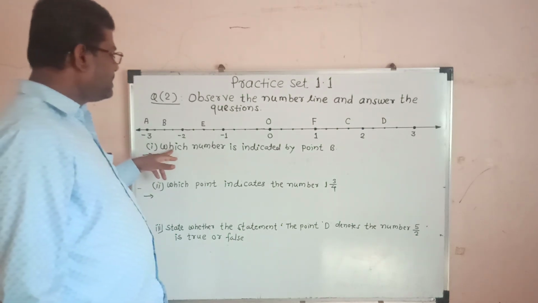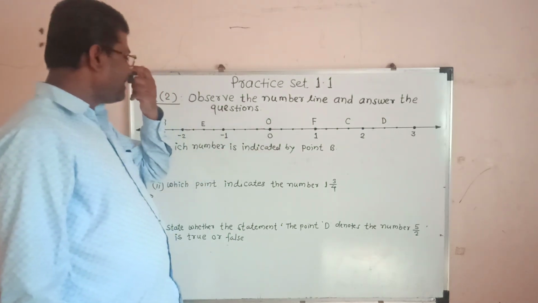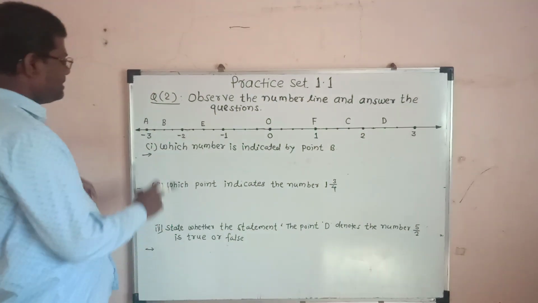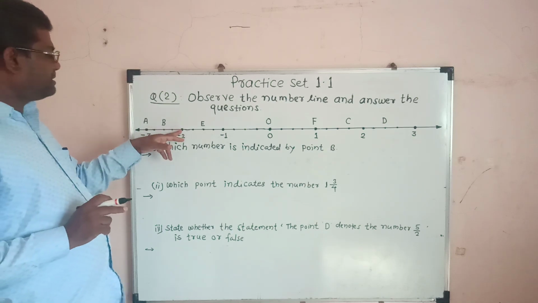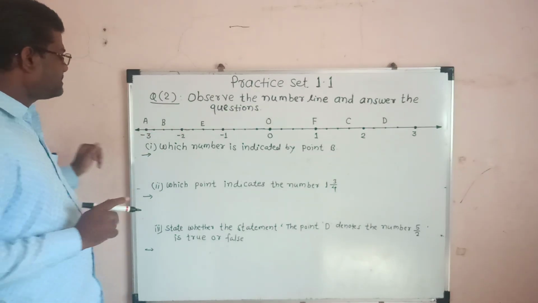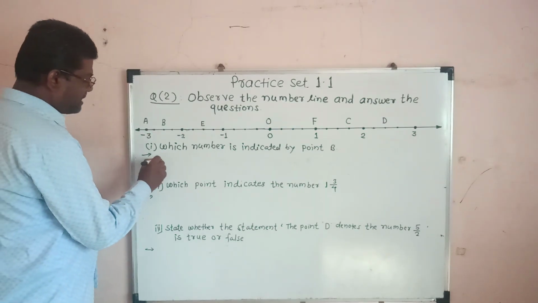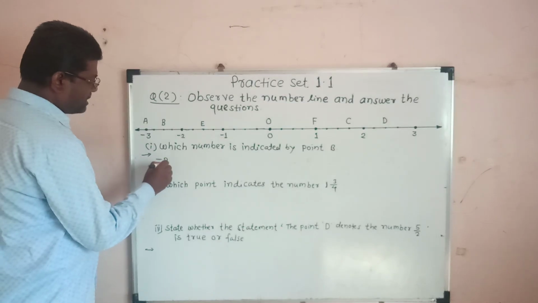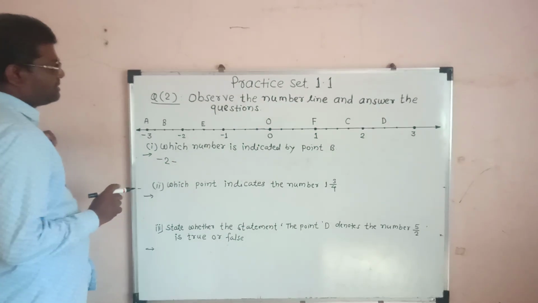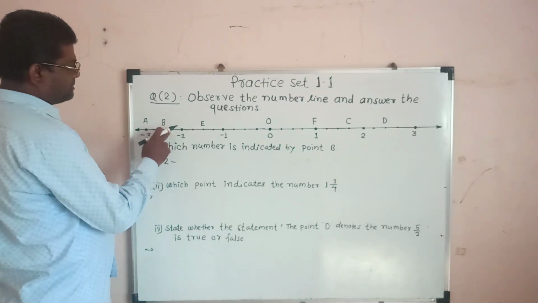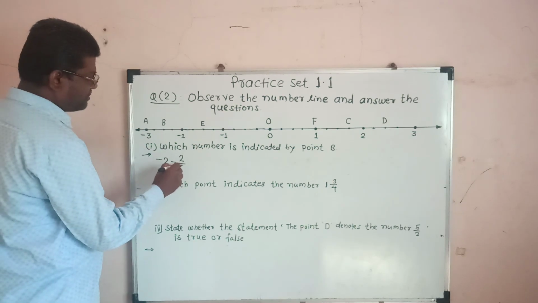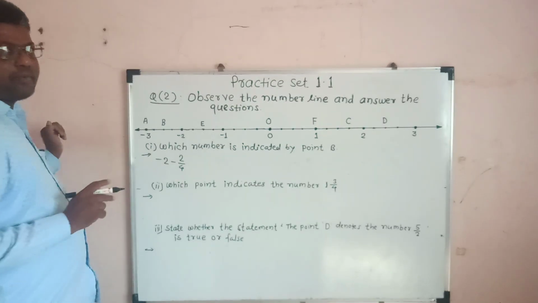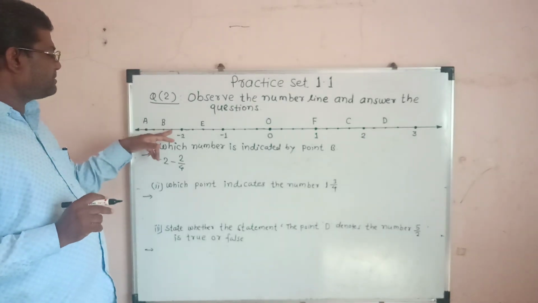Question number 1: which number is indicated by point B? Let us see point B. Here point B is towards the left of minus 2. Therefore we write minus 2, and how many parts to the left? 1, 2 parts. Therefore we write here 2 upon 4, because the value of each part is minus 1 upon 4.